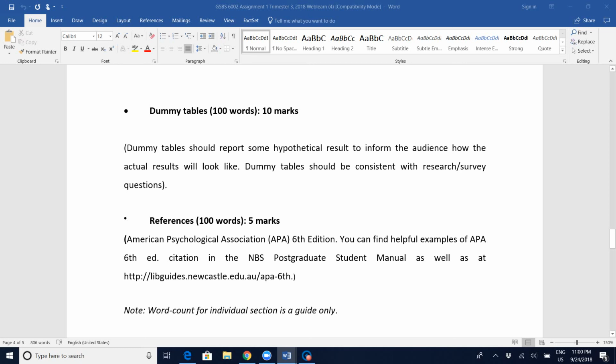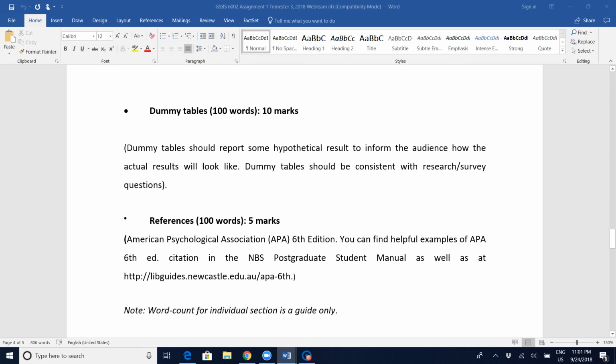Another example is, let's say you prepare a dummy table regarding overall customer satisfaction, showing the percentage of customers who are satisfied. But in questionnaire design, you did not have any question relating to overall customer satisfaction. It means that this dummy table is not consistent with your questionnaire. So this is how dummy tables should be prepared.